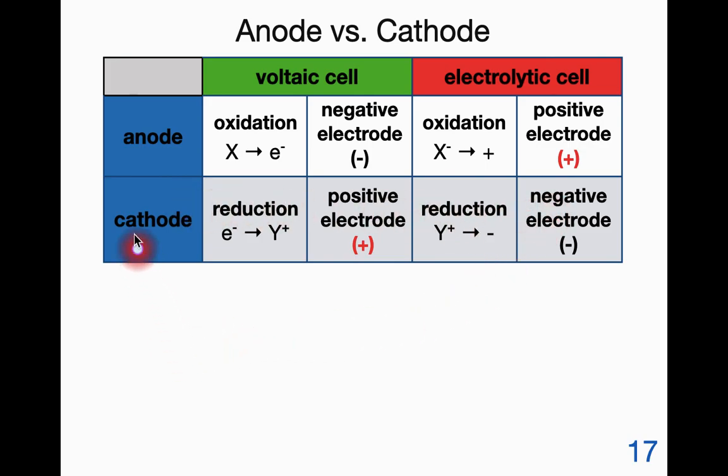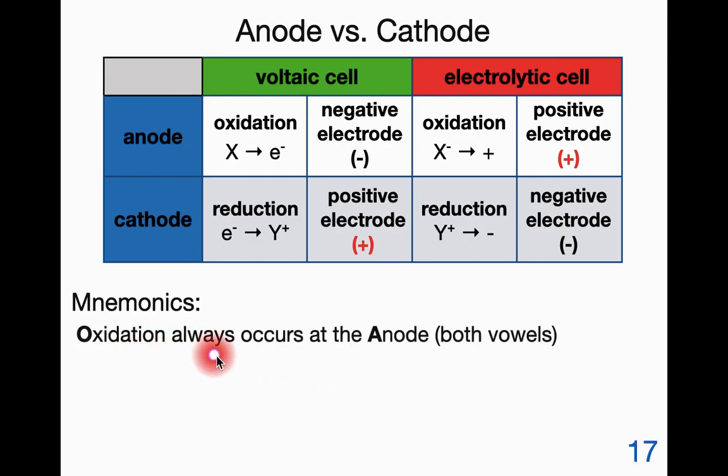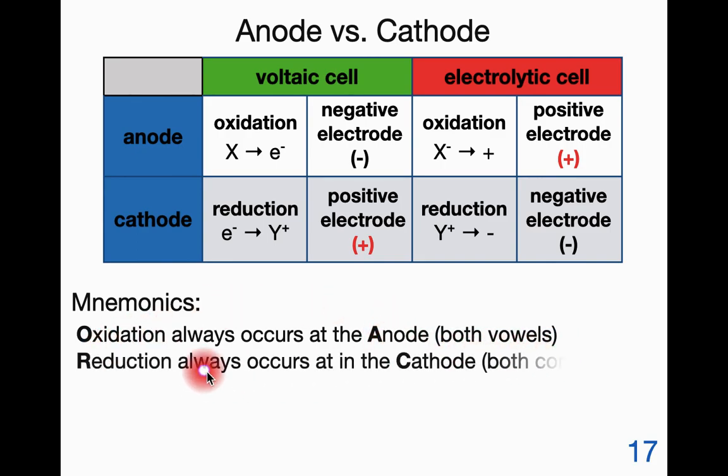Now, to remember what occurs at the anode, that it's always oxidation and the cathode's always reduction, there's a couple of mnemonic devices that might help. Oxidation always occurs at the anode, so O and A are both vowels. And reduction always occurs at the cathode. R and C are both consonants.